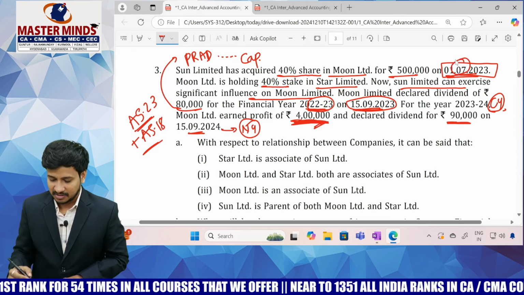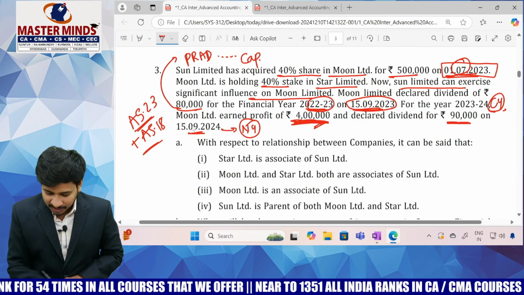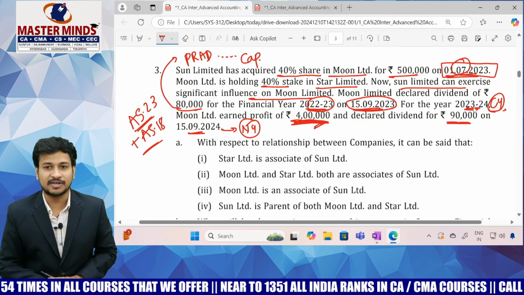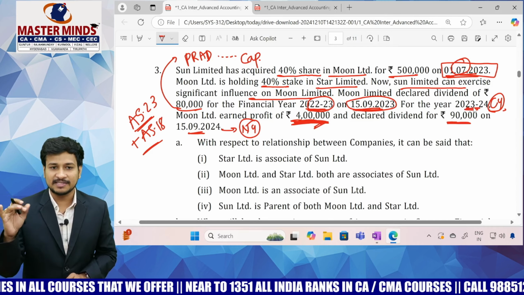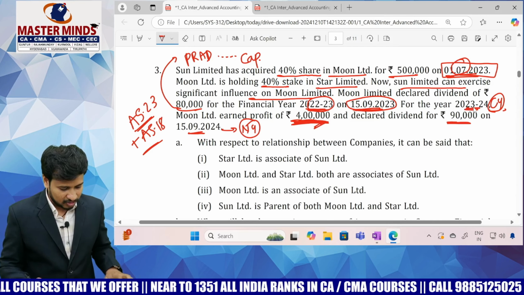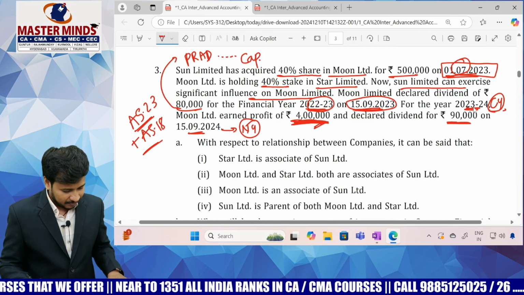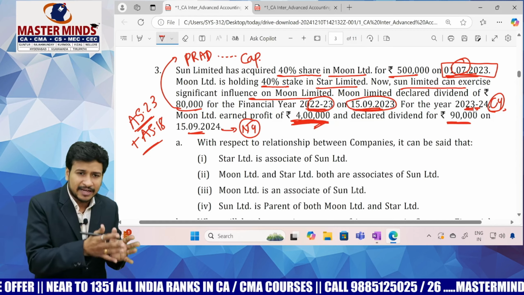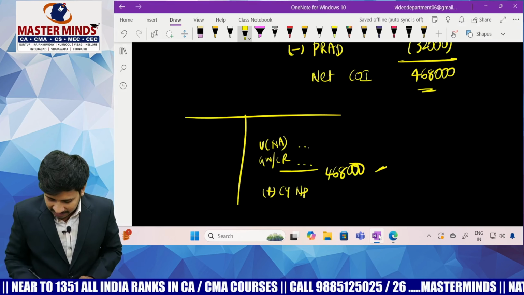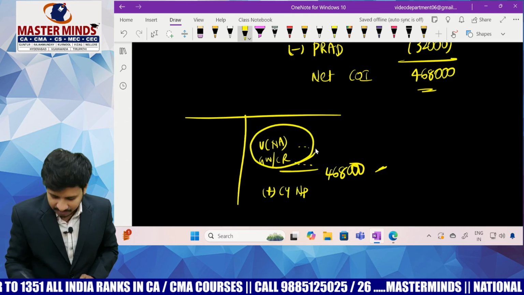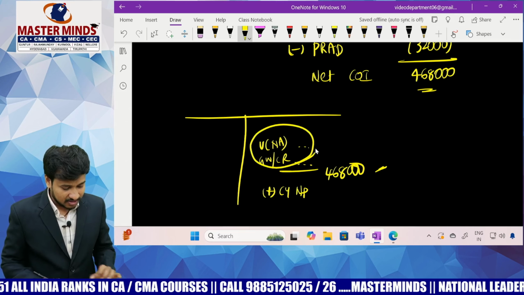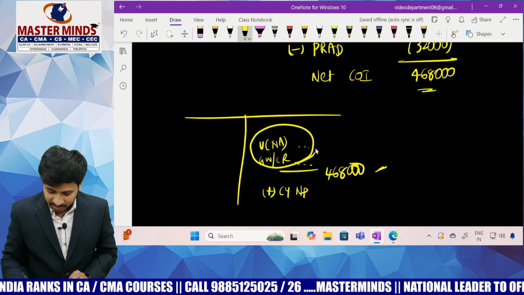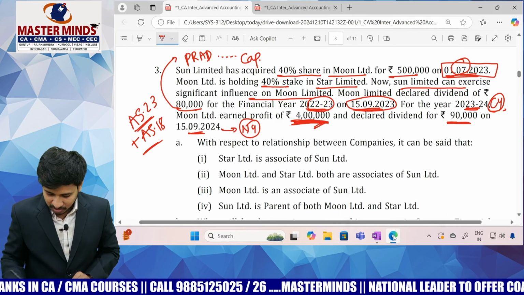Since nothing is mentioned, 23-24 is the financial year from 1/4. So 4, 5, 6, 3 months gone. In the sense, out of 4 lakhs, 3 months is considered to be pre-acquisition profit, which will be adjusted here. But the remaining 9 months is to be considered as post-acquisition profits, which comes to 3 lakhs.